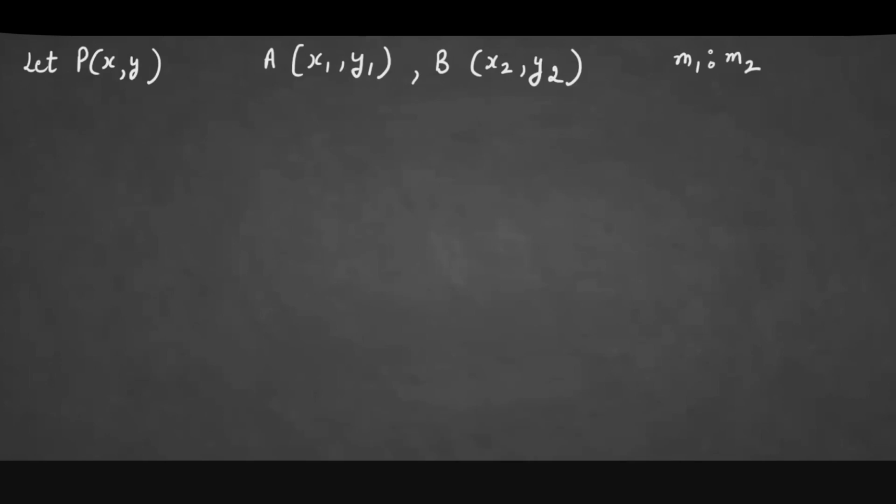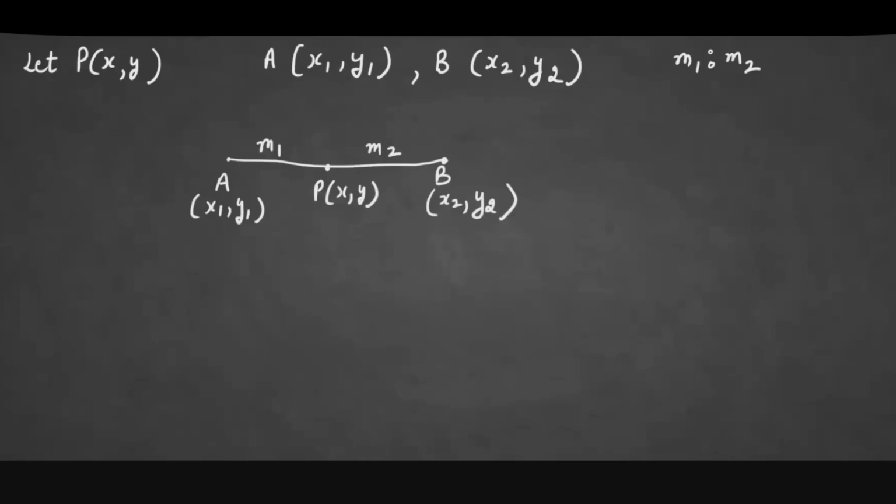So if we have to draw it, we'll draw it like this: a line segment, let it be AB, and this is the point P(x, y) dividing the line segment in the ratio m1 and m2. A is (x1, y1), B is (x2, y2).